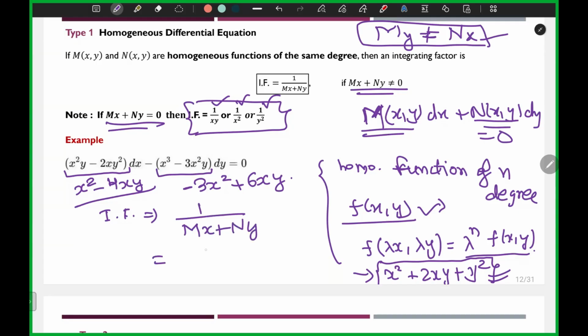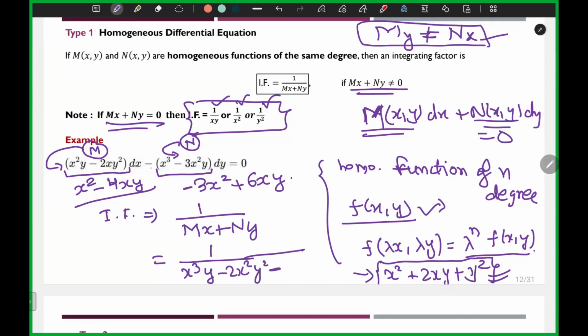So it is 1 upon Mx plus Ny. So you have to multiply. This is your M, yes or no? And this is your N. So directly you get x cube y minus 2x square y square plus Ny.